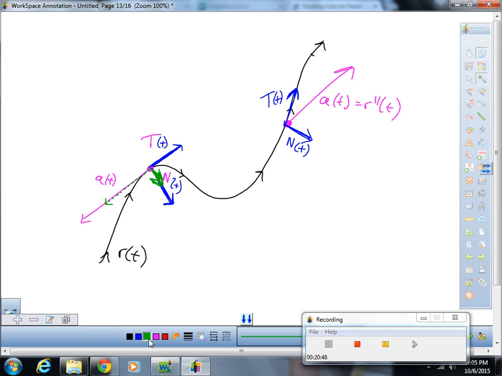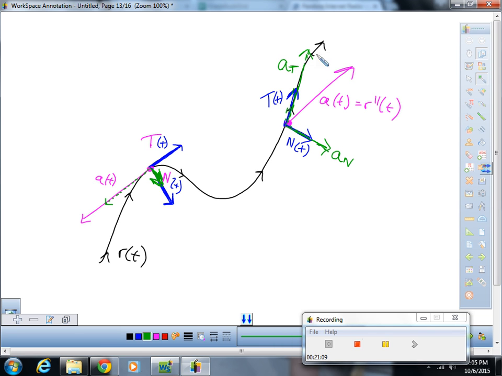And maybe you can imagine that there will be this much normal acceleration, and then about that much tangential acceleration.